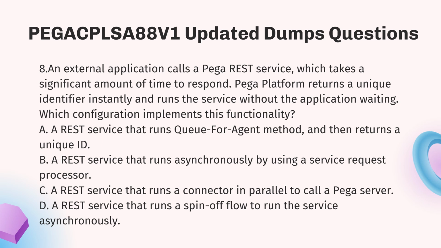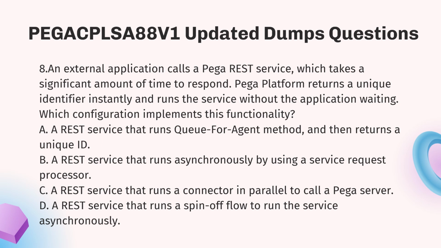8. An external application calls a Pega REST service, which takes a significant amount of time to respond. Pega Platform returns a unique identifier instantly and runs the service without the application waiting. Which configuration implements this functionality? A. A REST service that runs queue for agent method, and then returns a unique ID.